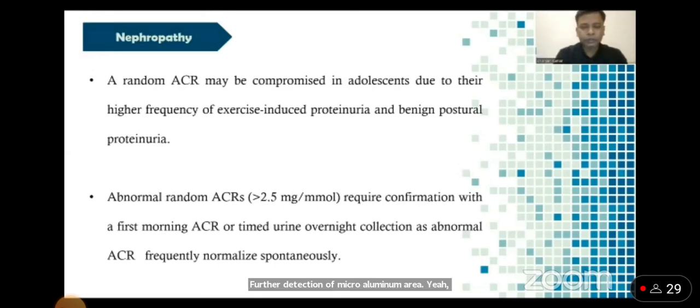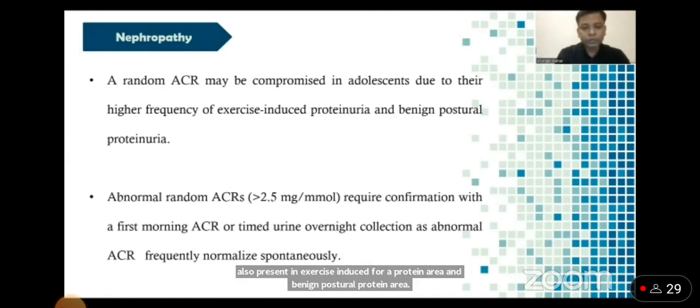Random ACR ratios are compromised in adolescents because of exercise-induced proteinuria and benign postural proteinuria. So a morning sample is more accurate.